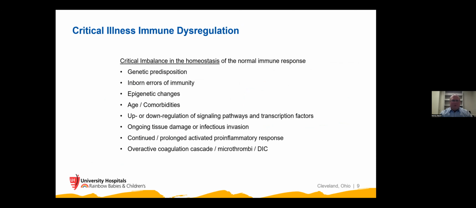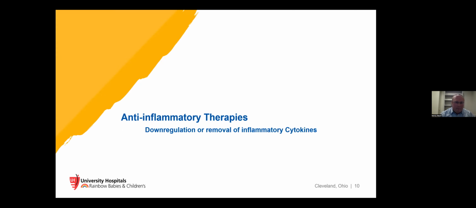You could have inborn errors of immunity that target very specific mechanisms. There could be environmental epigenetic changes. It could be with age or comorbidities. You can have up or down regulation of one or two signaling pathways that could ultimately cause this imbalance. And then there could be ongoing damage to tissues that are just increasing inflammation and causing the inability to downregulate the whole response.